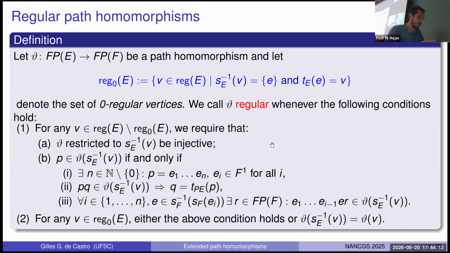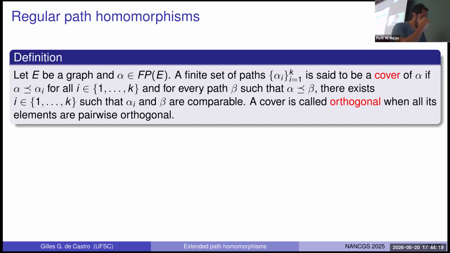But now we saw that this definition is actually equivalent to another way of looking at it. The idea is to use the terminology that comes from inverse semigroups. There's this paper by Exel where he defines the tight groupoid and tight covers and things like that. We just adapted this to the case of graphs, so we don't need to go to the inverse semigroup. We can work directly on paths themselves.